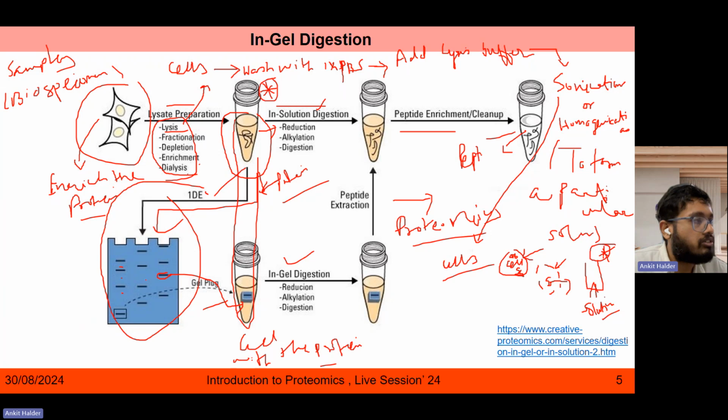We will see what reduction, alkylation and digestion mean, and what the step of peptide cleanup, that is desalting, actually refers to and what it means, right? So this is what we are going to do.